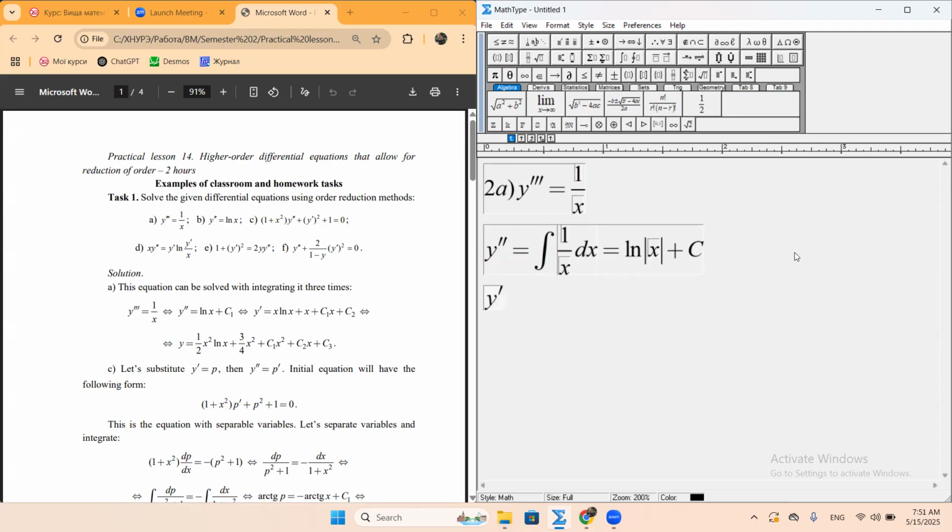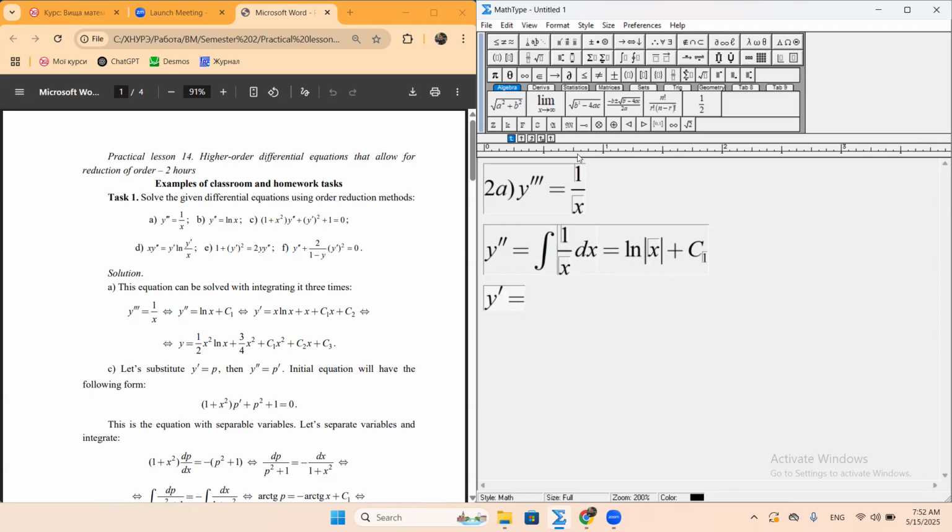By the way, don't forget that here is arbitrary constant c1. Actually, the number of arbitrary constants equals the order of the differential equation. So here we will have 3 constants.